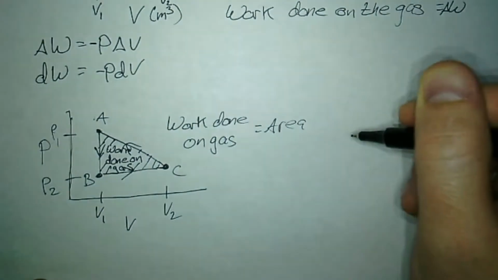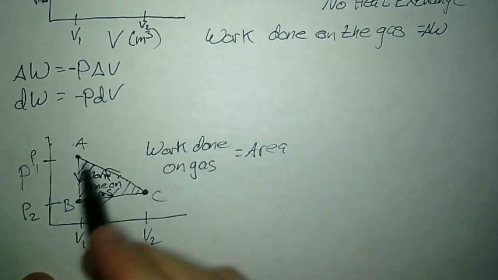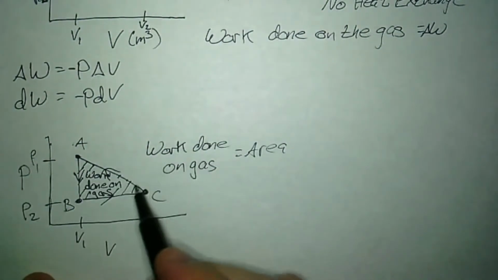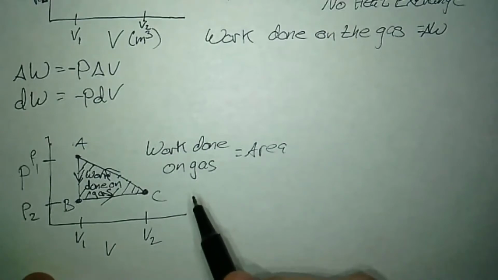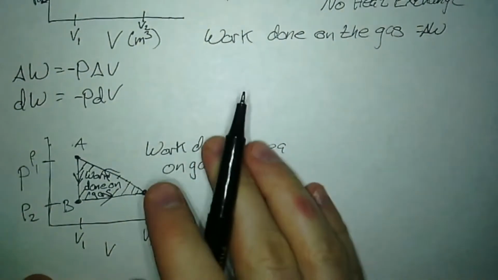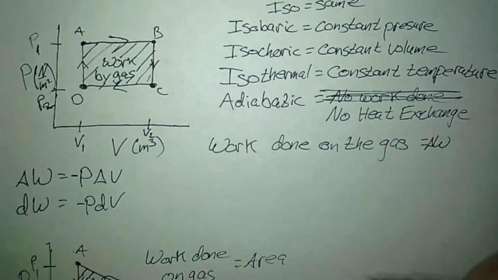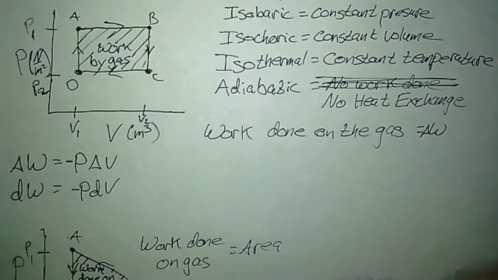So let's put some formalism. If you are going counterclockwise in your process, see how this is going counterclockwise, then the area is work done on the gas, which will be a positive area. If you are going clockwise, you're getting work done by the gas, which has a negative value for us.